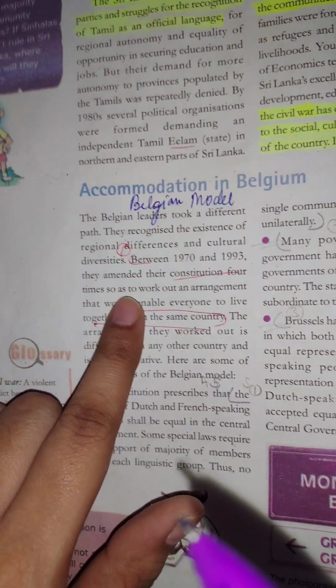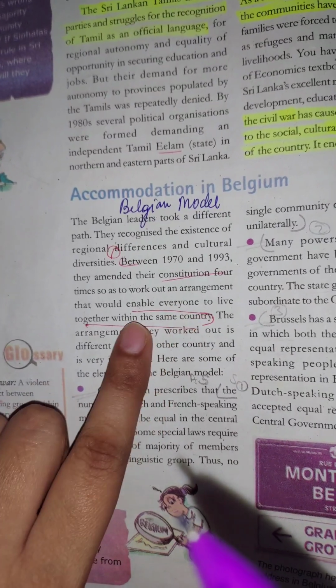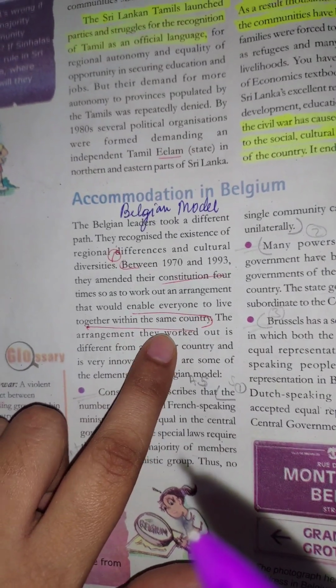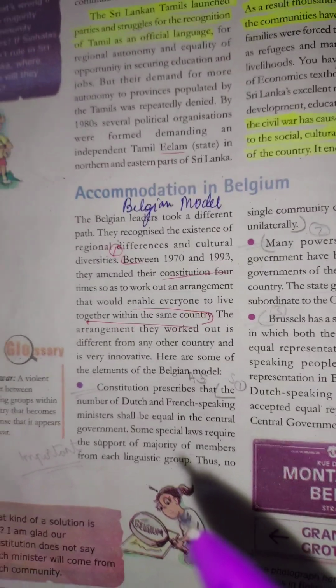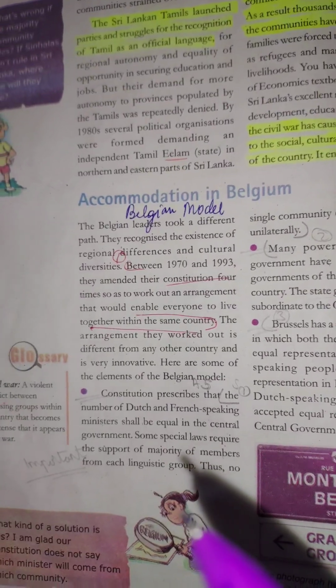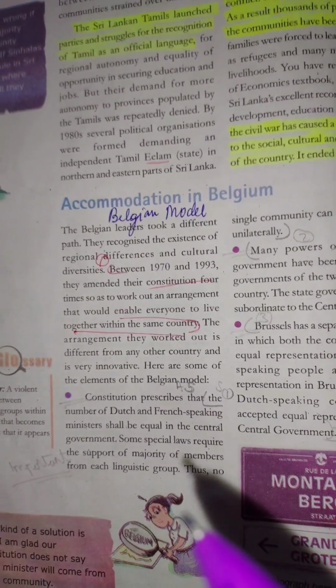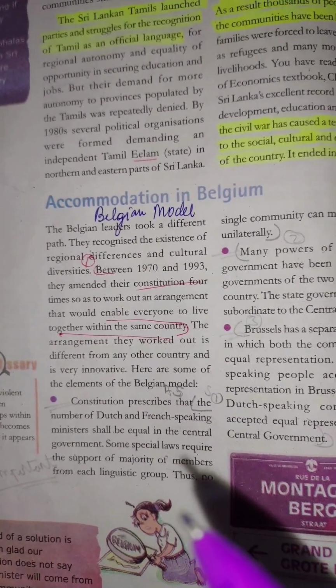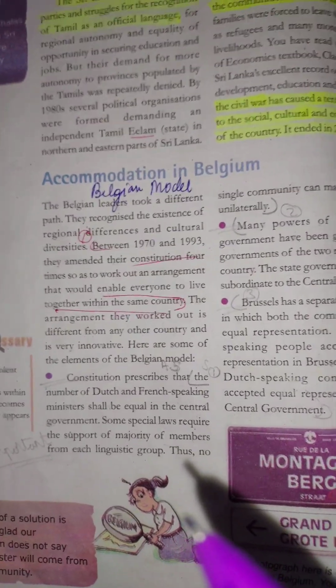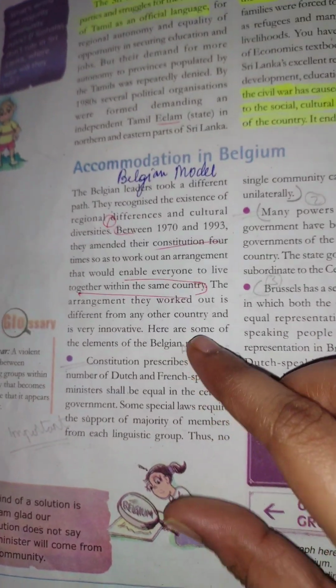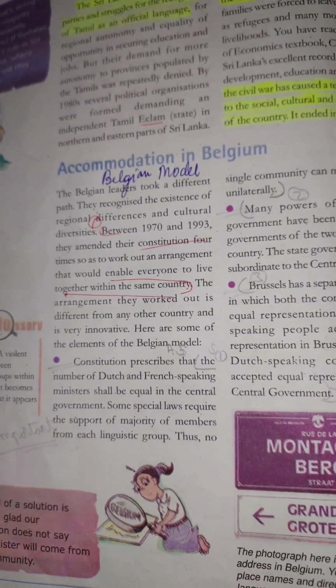It's written here, so as to work out an arrangement that would enable everyone to live together within the same country in peace and harmony. For this purpose they spent their time, worked about 4 times on the constitution, and came out with a model that was accepted. That is one of the best examples of power sharing. So whatever points are given, you have to learn them the same way.